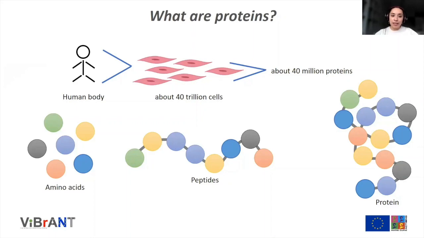The human body contains about 40 trillion cells, and each cell is composed of 40 million proteins. Proteins are molecules which are composed of amino acids, and these amino acids are connected to each other, forming peptides. These peptides arrange in a very complex structure, which is called a protein.